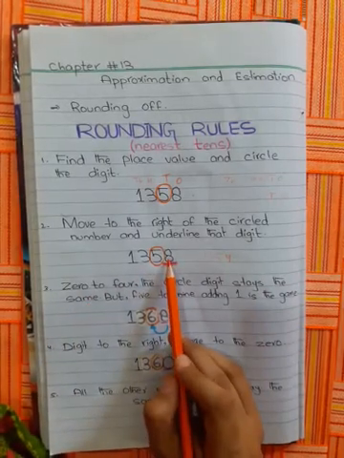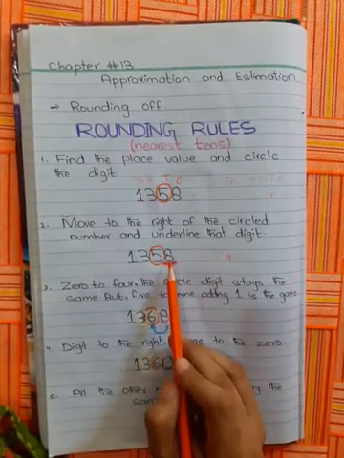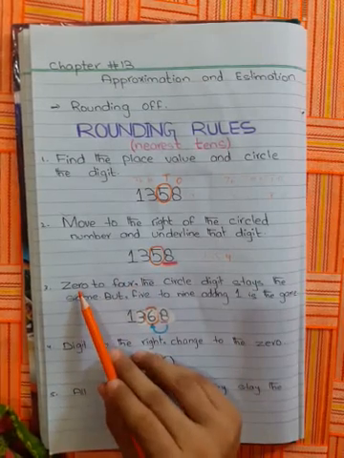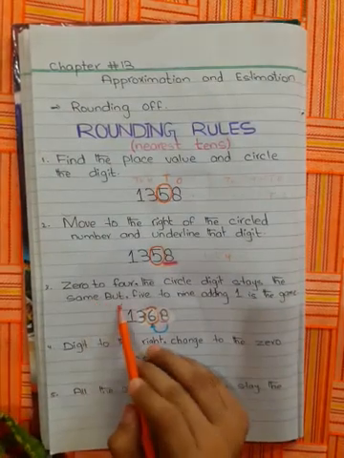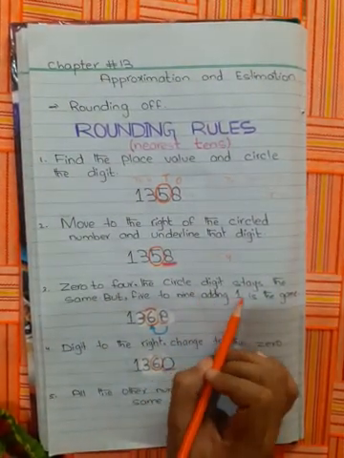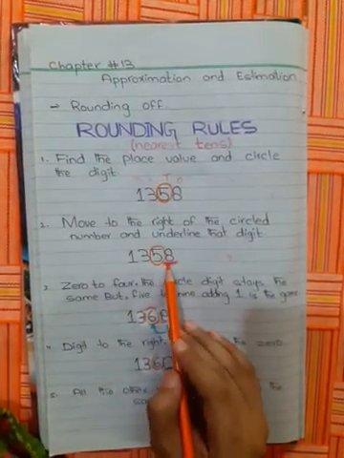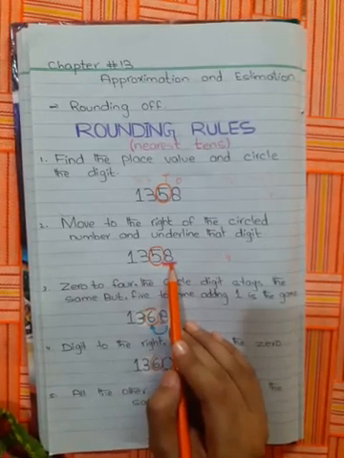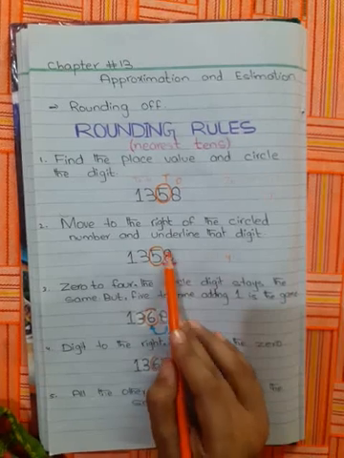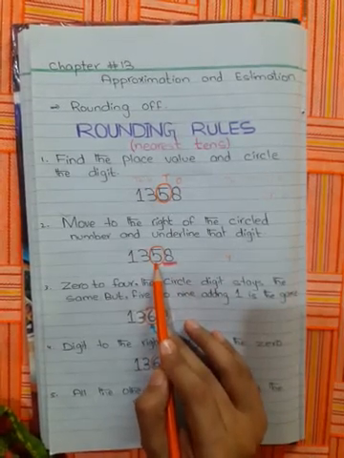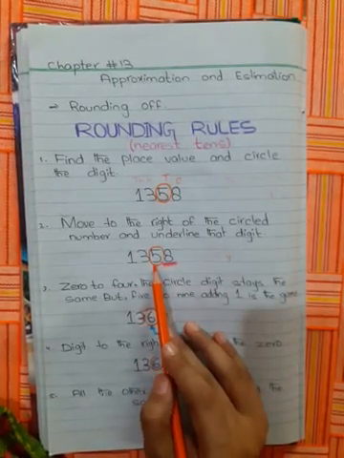For suppose right now I have 8 here. First we have to read the rule: 0 to 4, the circled digit stays the same, but 5 to 9, adding 1 is the game. If the underlined digit is 5 or greater, like 6, 7, 8 and 9, we add 1 to the circled digit.